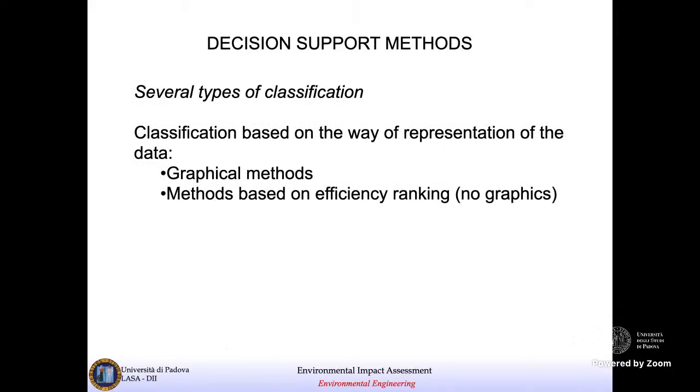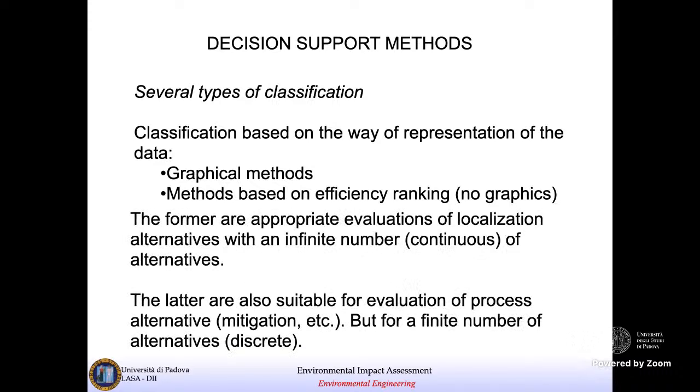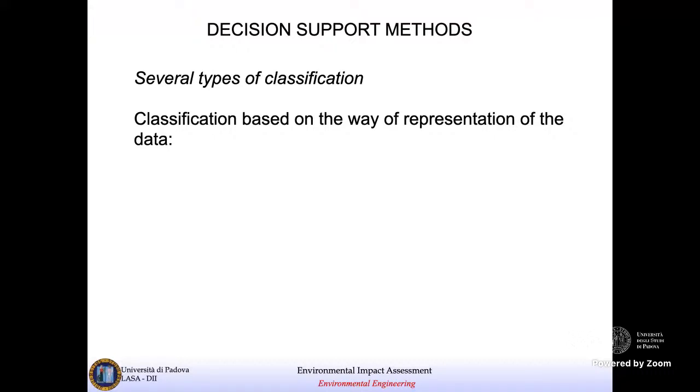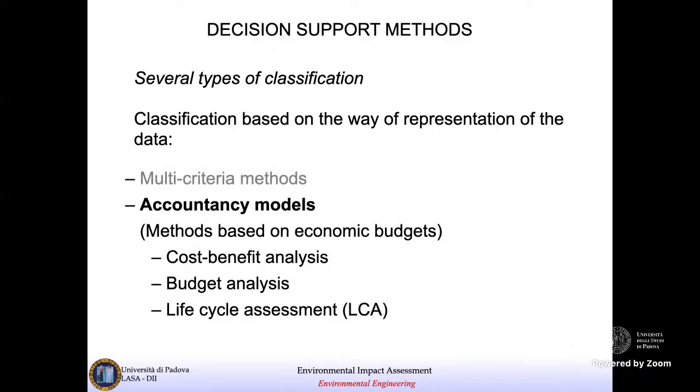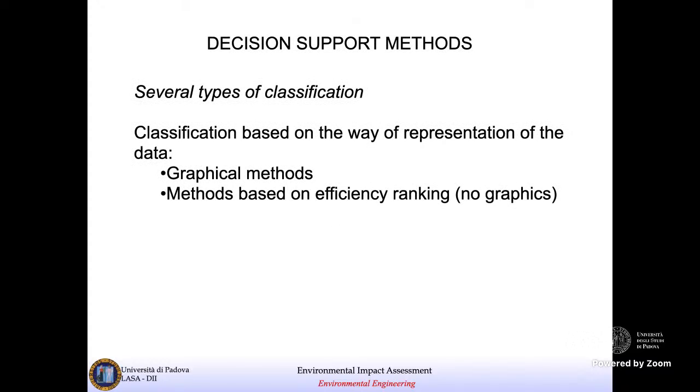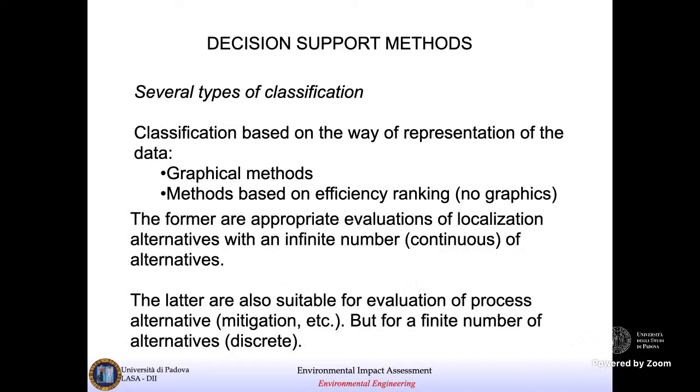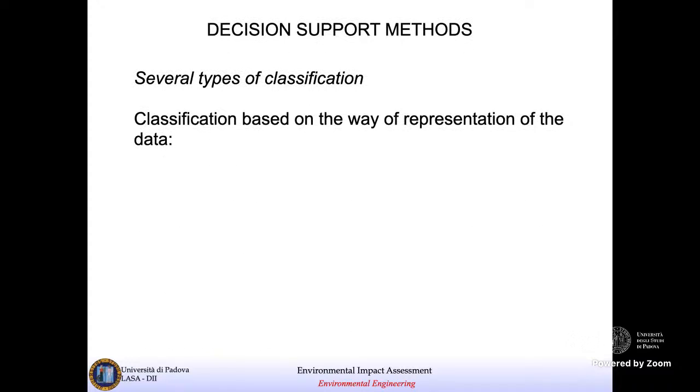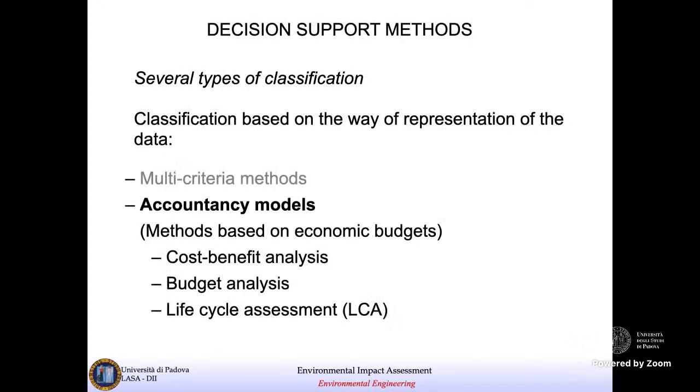So, we have seen that the classification of decision support methods starts from classification based on the way of representation of the data, whether it is graphical or listings, but also, as we have seen, multi-criteria methods, that is the typical classification based on listings.